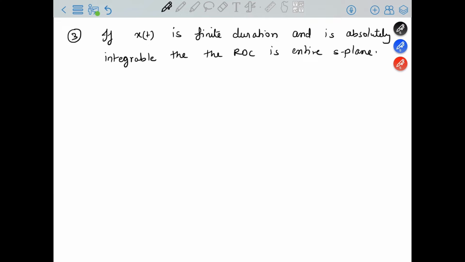Let's first understand what we mean by finite duration, then we already know what absolutely integrable is, and then we'll see how the ROC becomes the entire S plane.